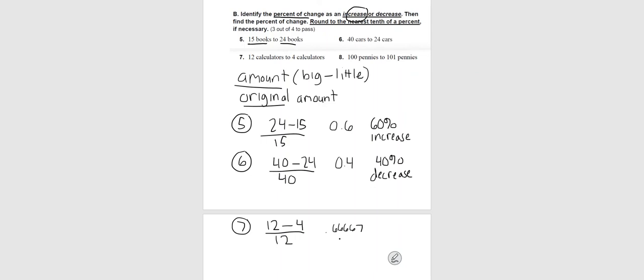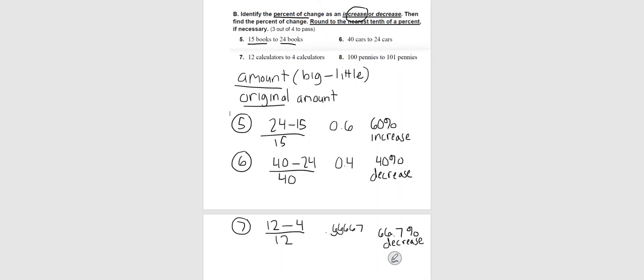Okay, so if we want to change this to a percentage, if we move 2 places to the right and then round to the tenths, this will round to 66.7%. And because we went from 12 to 4, that one is a decrease.